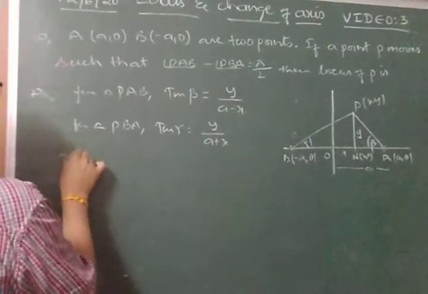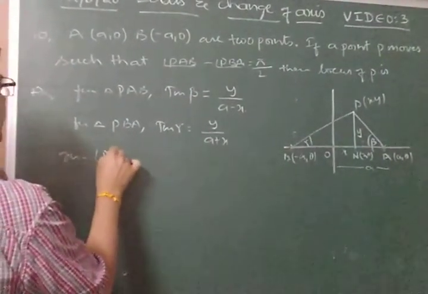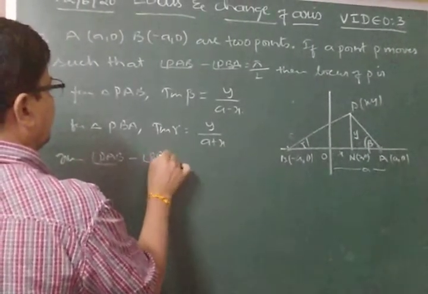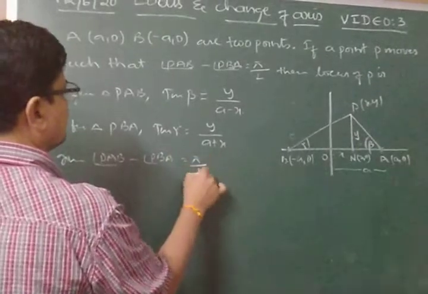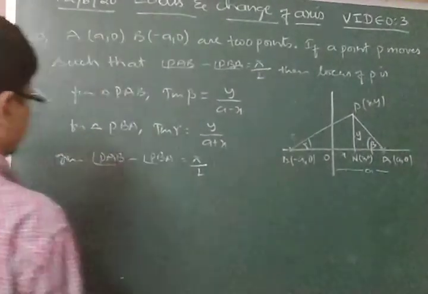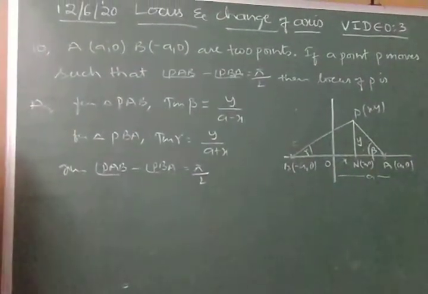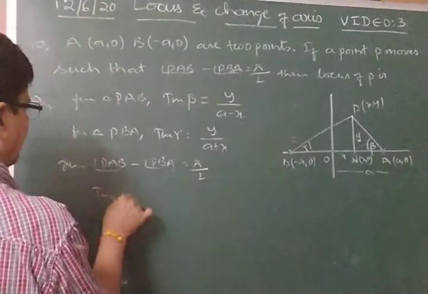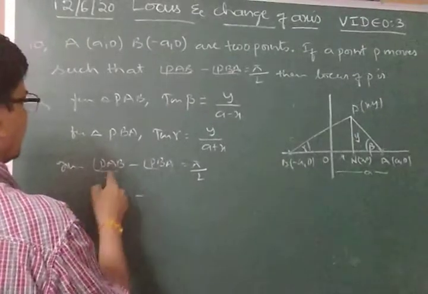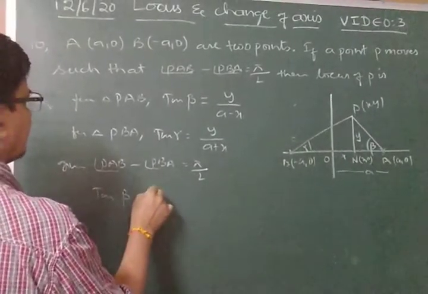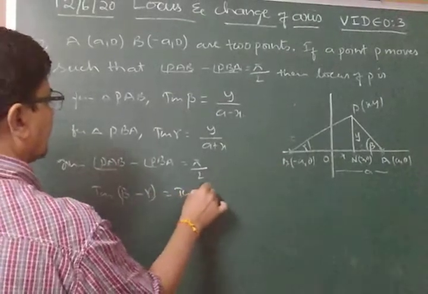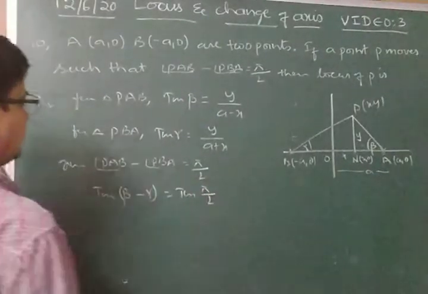Given angle PAB minus angle PBA is equal to pi by 2, that is, beta minus gamma is equal to pi by 2, taking tan on both sides.